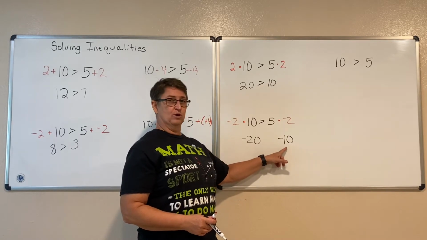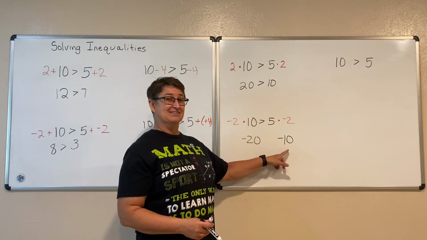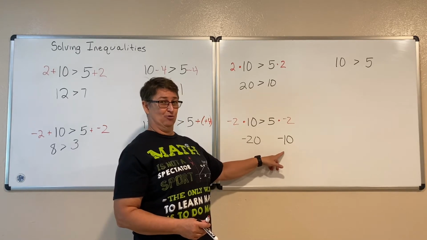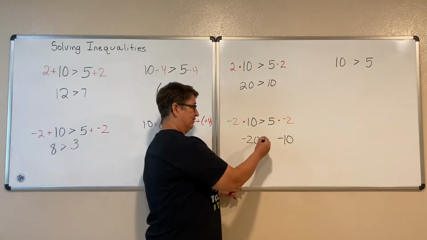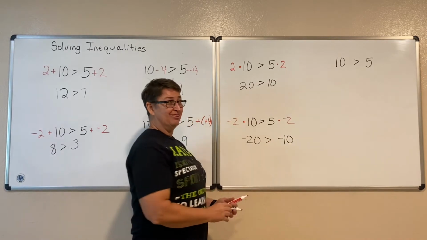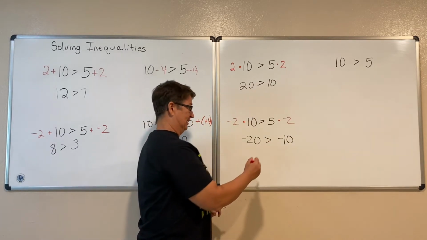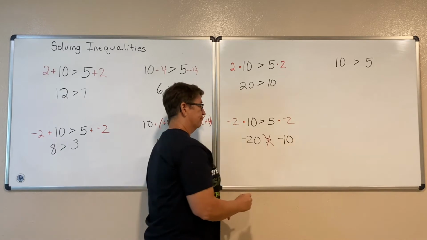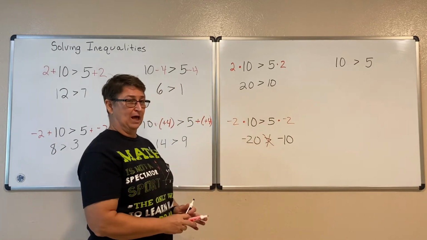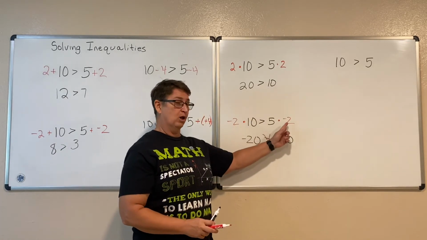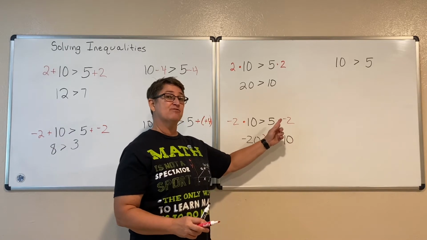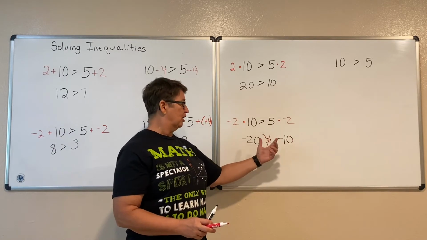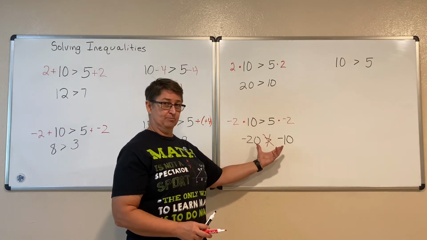Oh no, negative 10 is actually greater. So if I put in this greater than symbol, that's not a true statement. When I multiply both sides of an inequality by a negative number, it causes a problem.